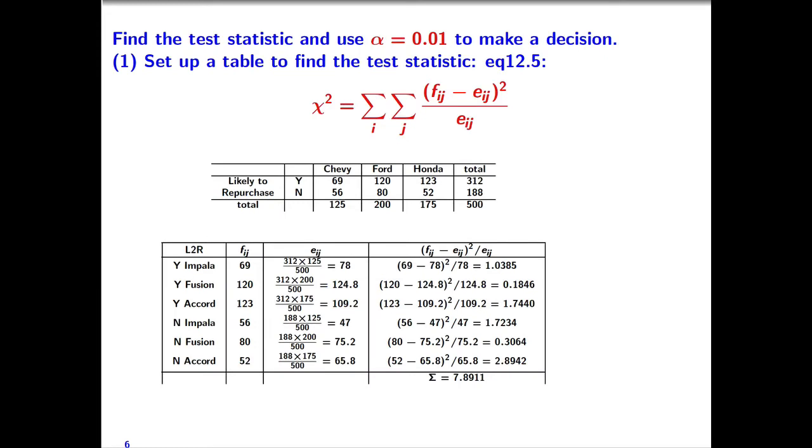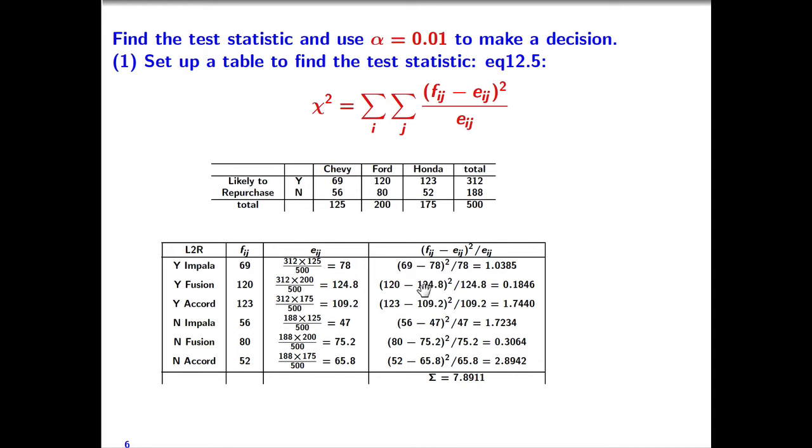Now, we need to find the test statistic and use alpha equal to 0.01 to make a decision. So we already have step number 1 and step number 2. We set up a table to find the test statistic. And we are using equation 12.5, which is the double sum of (Fij minus Eij) squared over Eij.